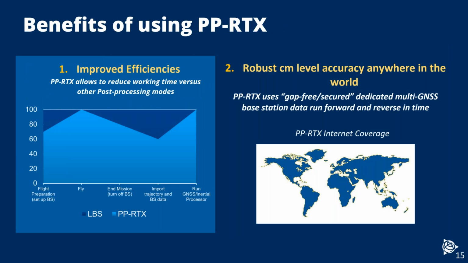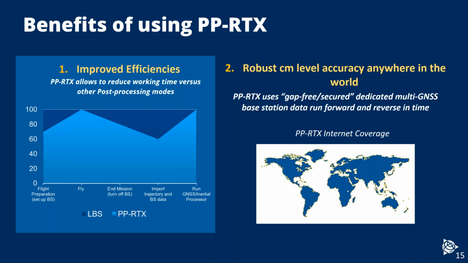Okay, now we'll briefly discuss in more detail some of the benefits of PP-RTX. Here in point number 1, we can see that using PP-RTX can greatly improve efficiencies, specifically by reducing the amount of time it takes to generate our solution from the very start of the process to the very end.